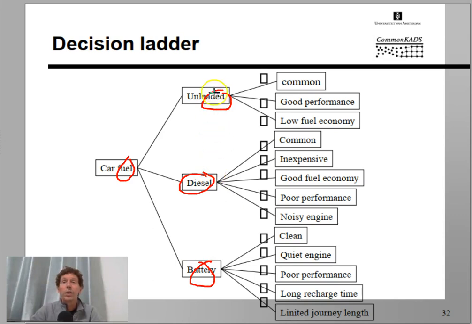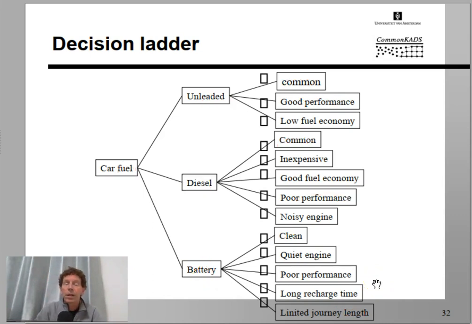And each of these choices again have different pros and cons. Right? So unleaded is very easy to find on the road. You have good mileage performance. Diesel is also common, but you have poor mileage performance, whereas a battery is very clean and quiet, but it's not so easy to find, and you have limited journey length. So this is again a logical decomposition, which is very different from the part of composition that we saw before.